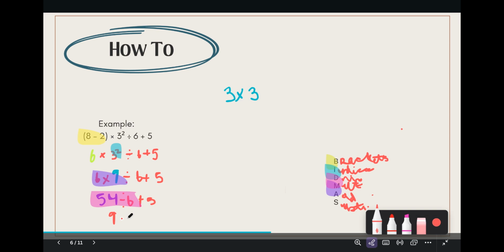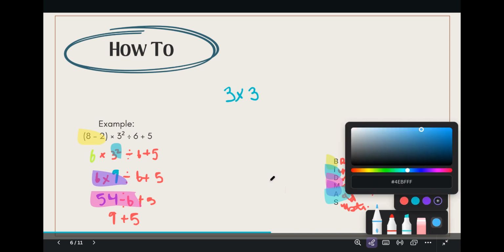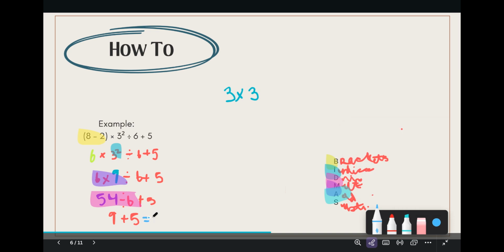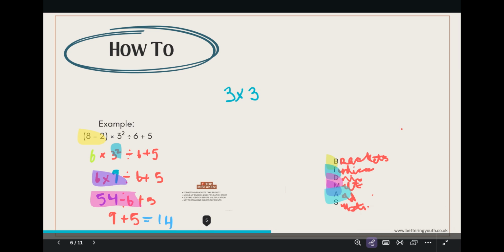And I'm going to add in what is left, and we keep moving through our equation. So we have addition to finish us off. We are left with 9 add 5. 9 add 5, ladies and gentlemen, is 14. So that is how we would go through an example of BIDMAS.